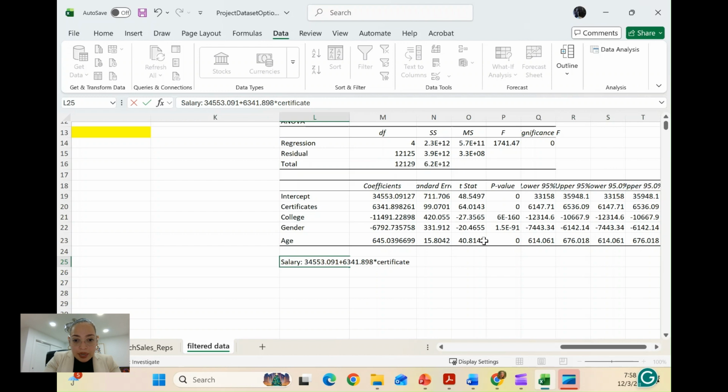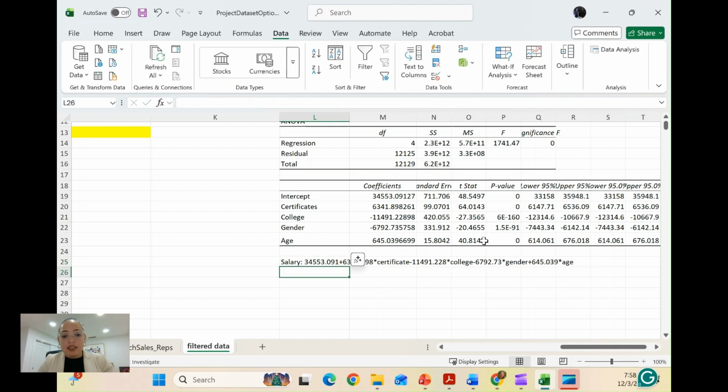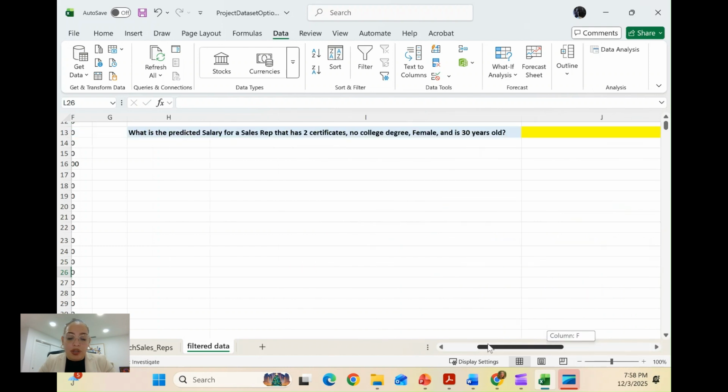I'm going to put a minus because this number is negative. So minus 11,491 times college degree, minus 6,792 times gender, and finally 645 times age. This one will be our regression equation.